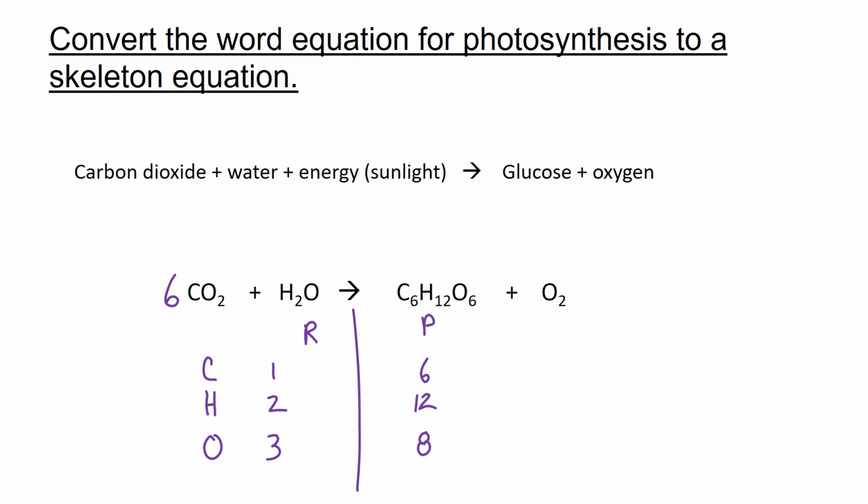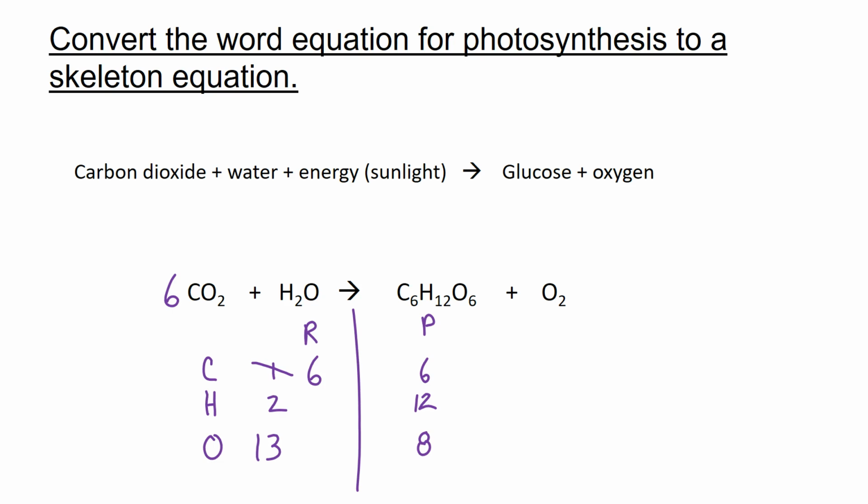Now, when I did that, that changed that to 6. What else did it change? Oxygen. So now I have 12 plus 1. Now I have 13 oxygens, right? Does everybody see how I got that? All right.